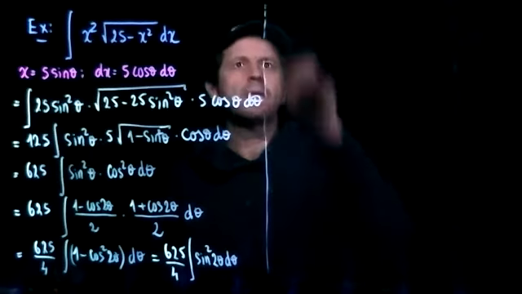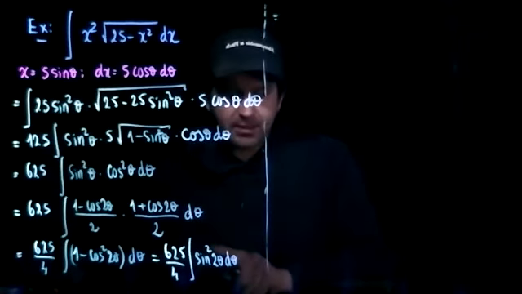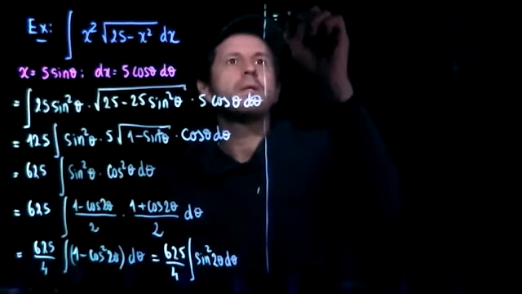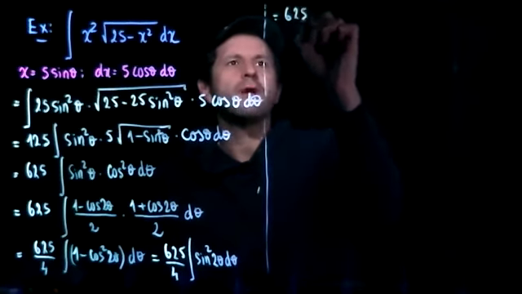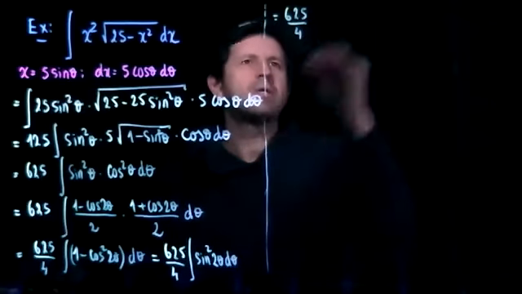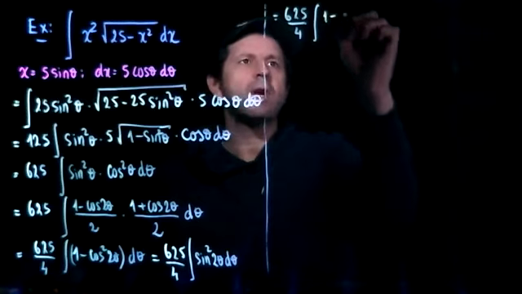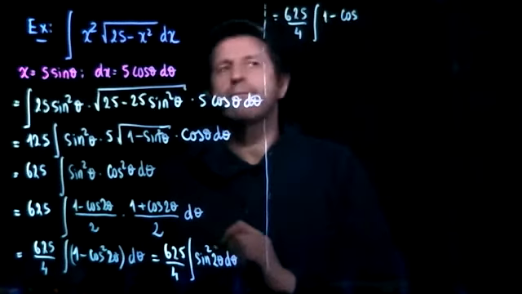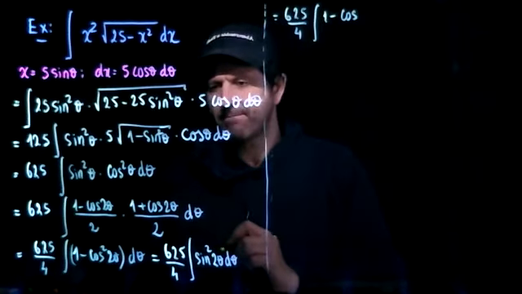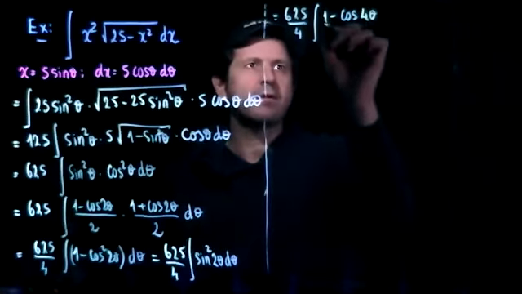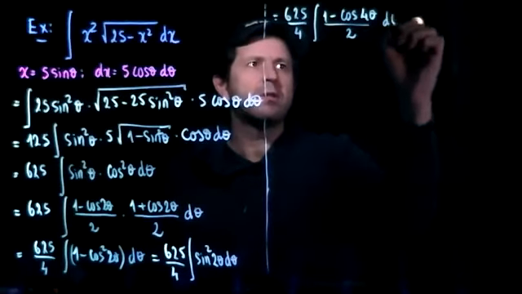Now I have again a sine with an even power. I have to use again the identity. So 625 over 4 times the integral. So sine squared is 1 minus cos of what? 4 theta. Very good, thank you. 4 theta over 2 d theta.